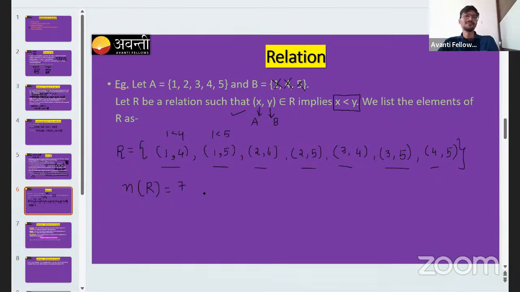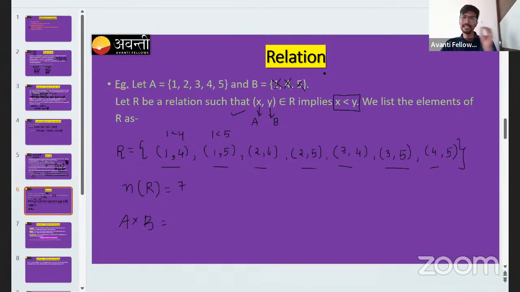Okay. Now, let us talk about the Cartesian product. If I need A cross B, then can you visualize A cross B? It will be 1, 1, 1, 4, 1, 5, 2, 1, 2, 4, 2, 5, 3, 1, 3, 4, 3, 5. Same for 4, 1, 4, 4, 4, 5, 5, 1, 5, 4, 5, 5.